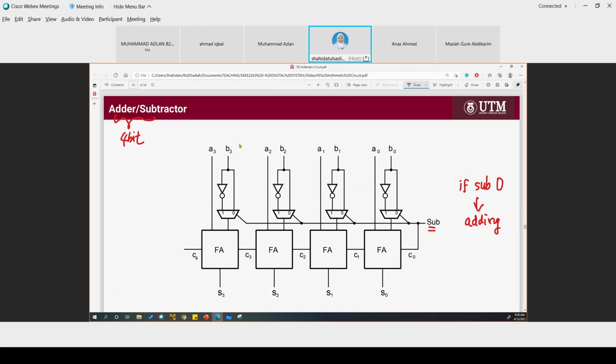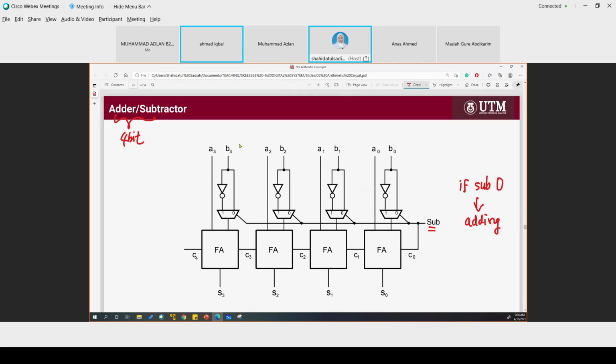Look at the multiplexer. If we give 0 selection, then what happened to B?